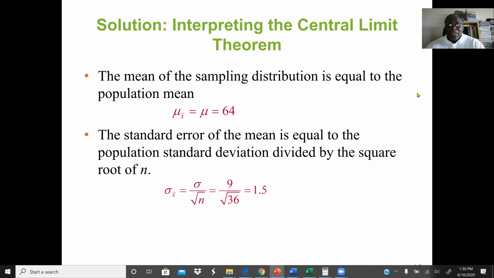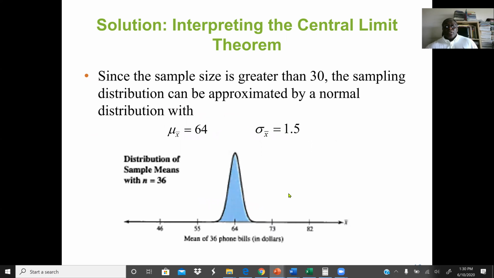So we divide by the square root of n, which is 36, and that will give us 1.5. Then here we have a normal curve, but we can see how the graph is shrunk. The mean is the same, 64, and the standard deviation is very small, 1.5.